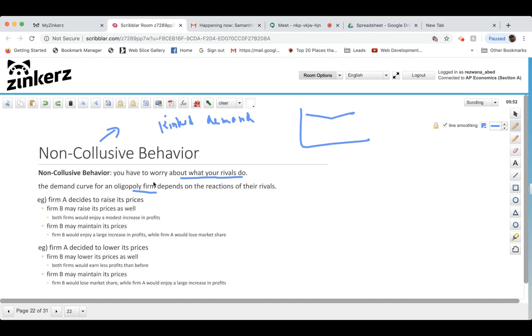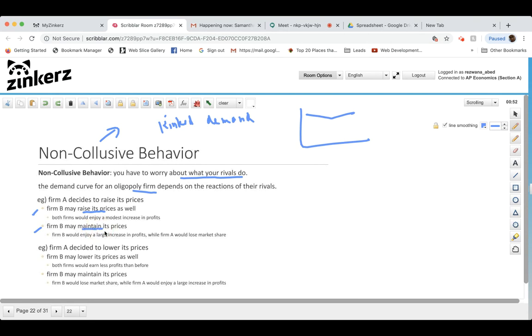So this is how they have to keep watch on what their competitor is doing. So let's say we have two farms, farm A and farm B. If farm A decides to raise the price for its product, farm B has two options. They can either raise the price as well, or they can maintain the price that they had.